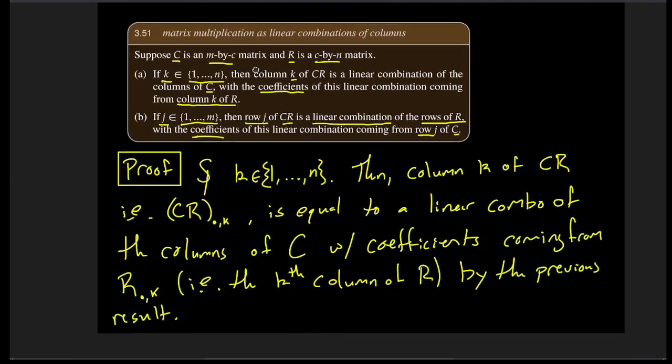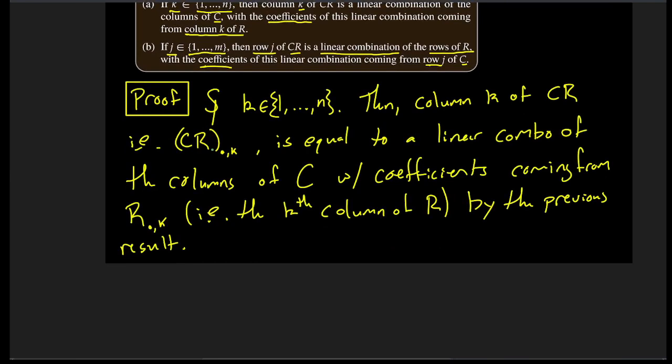All right, now, if I look at this and get the kth column of CR, well, this is a linear combination of the columns of C with coefficients coming from the kth column of R. That is, if you just fix R dot k, and you write it like this, here, let me write it. So I'll do it the straightforward way. I'll go C times R dot k, to be clear that I'm only referring to that one right there.